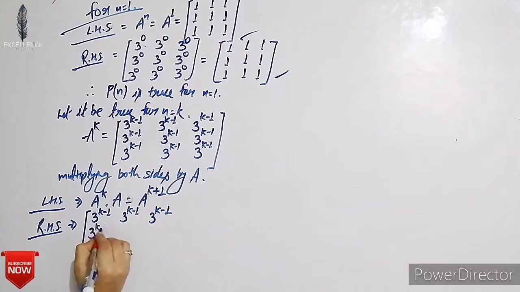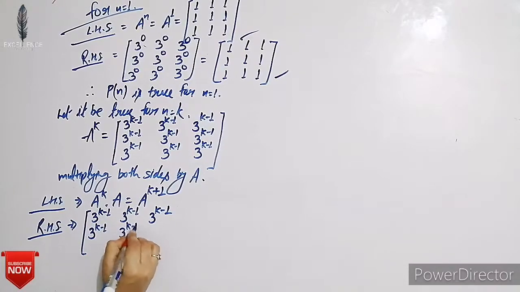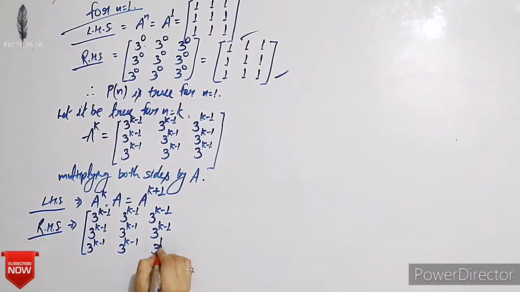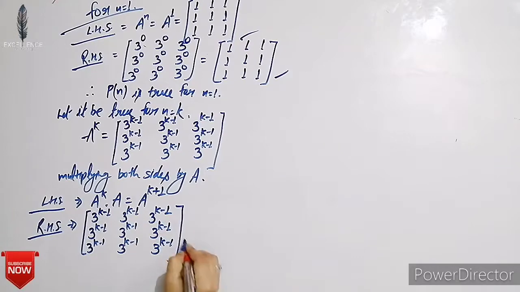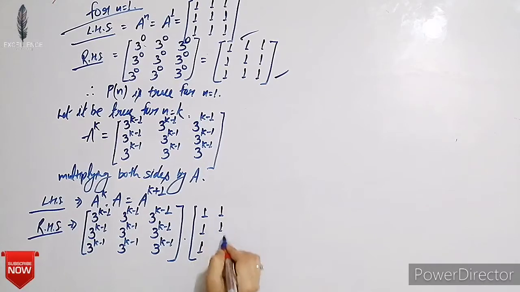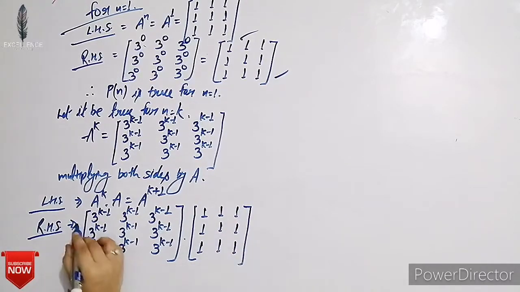Same in second and third row. Each element is equals to 3 raised to k minus 1 into A. Put the value of A, that is 1, 1, 1, 1, 1, 1, and same third column, each element is equals to 1.